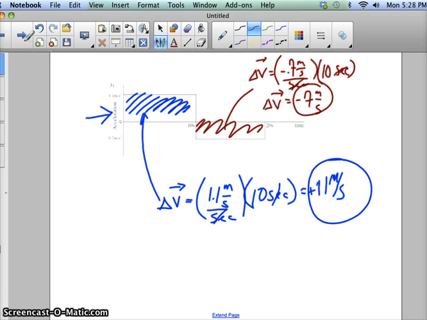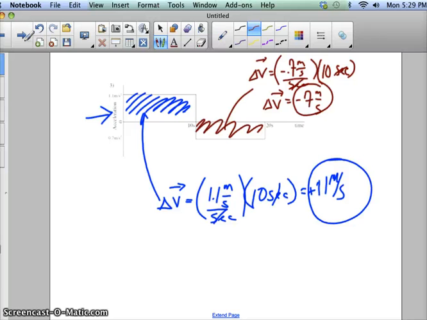So let's wrap our brain around this. Sorry, I said that wrong. Our object changed velocity by 11 meters per second, and the velocity increased. It went from some number, and then it added velocity to that number.